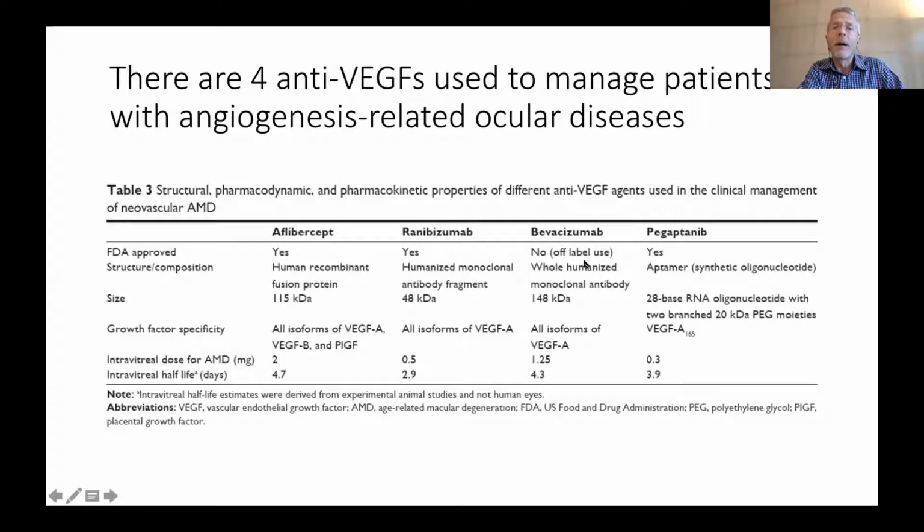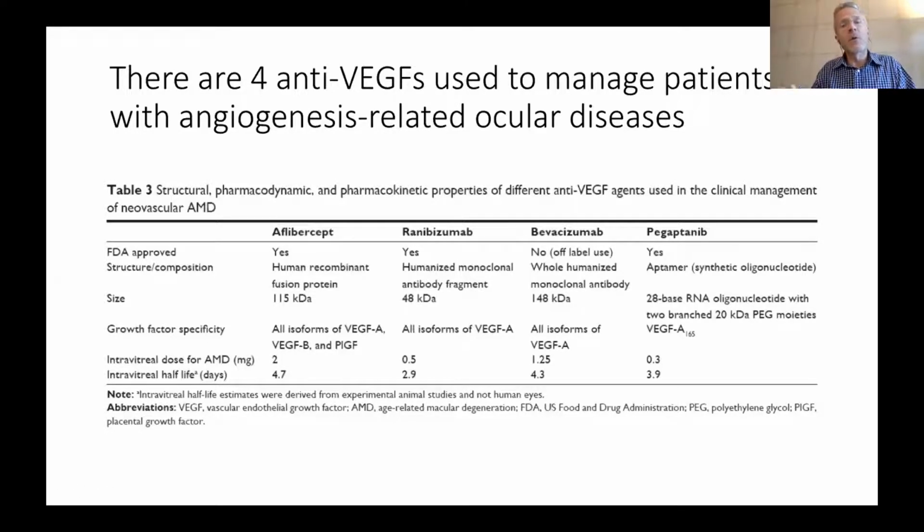Bevacizumab is a monoclonal antibody. It's an entire antibody and recognizes all of the forms of VEGF-A. Ranibizumab is a Fab fragment, a segment of the bevacizumab, and it recognizes the same group of the VEGF family, all of the VEGF-A isoforms, whereas aflibercept is a trap, the extracellular domain of VEGF receptors.